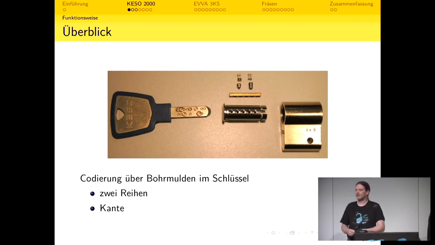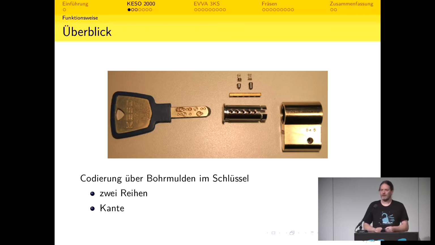The first of these systems is the KISO 2000. There have been extensions to this, for instance this one, where there's a spring-loaded element in some keys. You can't see it in this picture, and it has to move. For instance, there's a little ball inserted into your key, and there's a magnet. That serves two purposes.